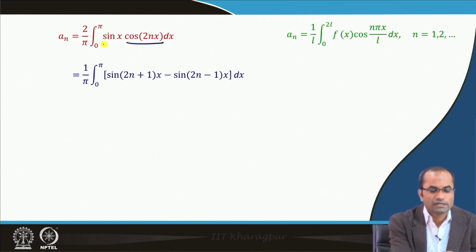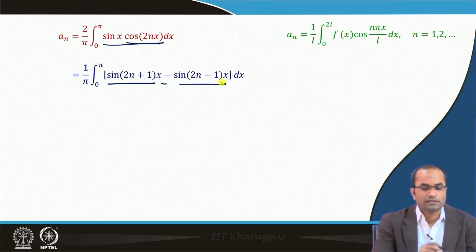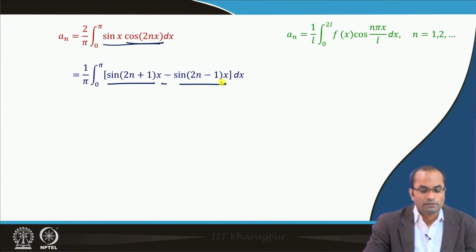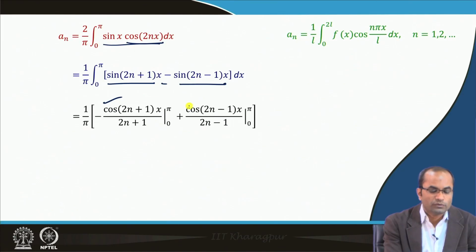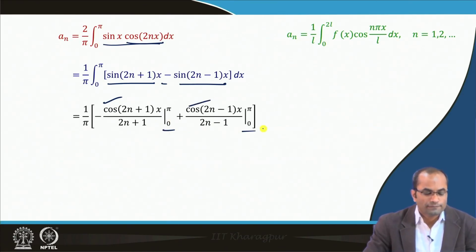We apply the 2 sin A cos B formula. The sum will come, 2 n plus 1 x, and with the minus sign, 2 n minus 1 x. Then we can integrate it, having cos at both places, with limits 0 to pi.